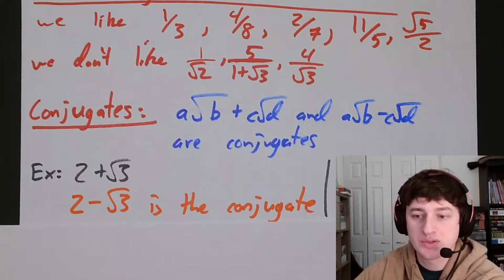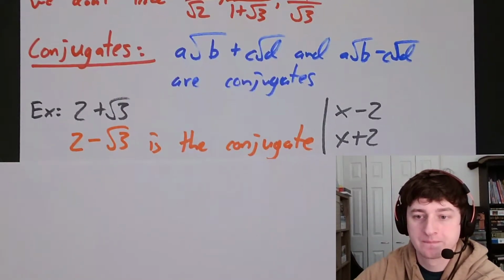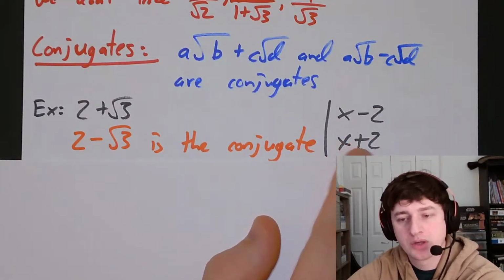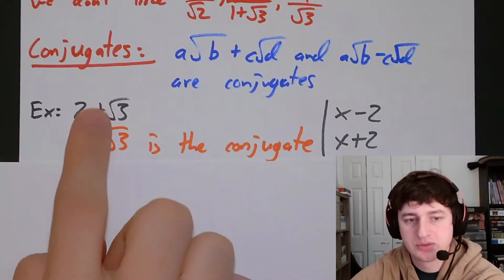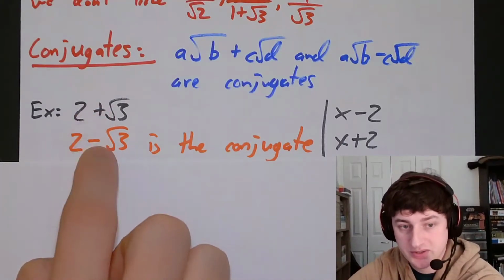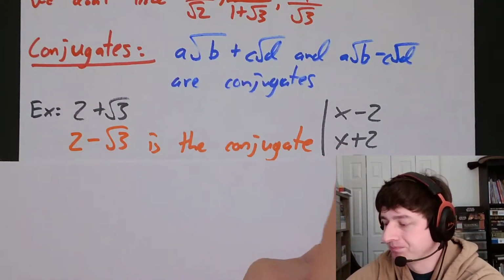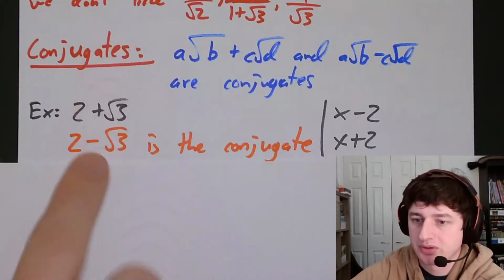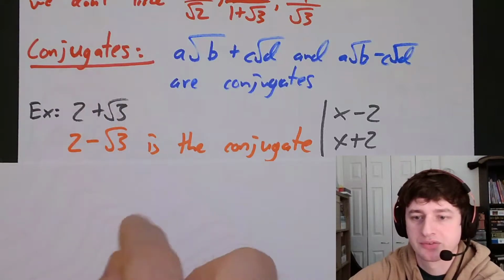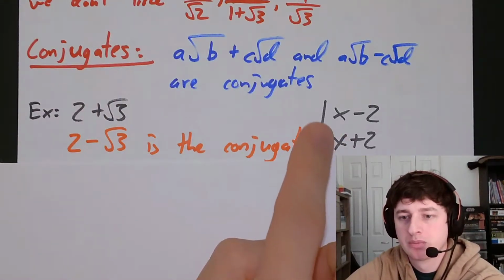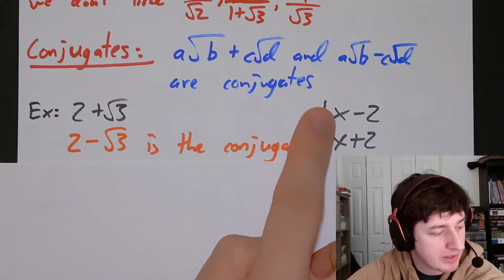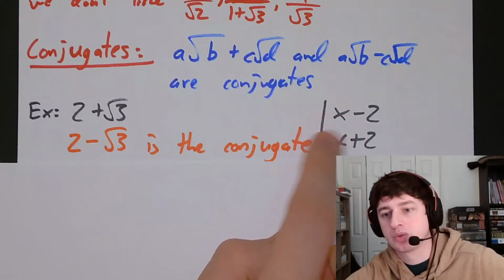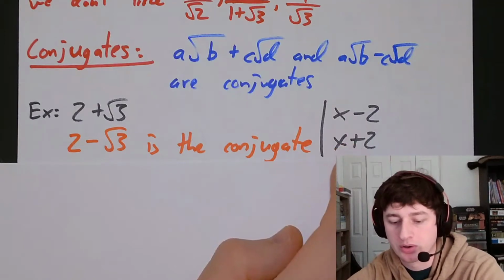Okay, we did this with binomials, and we're going to multiply these two numbers because that's why this is useful. This might seem like it's out of nowhere. Like, why are we doing this? We'll talk about why in a second. But when we multiply these, we would get x minus 2 times x plus 2, and we end up with x squared minus 4.